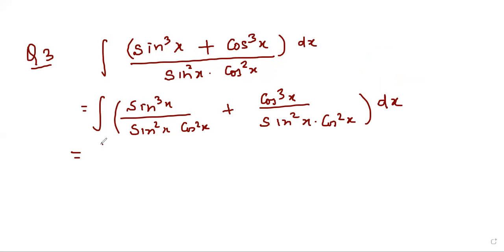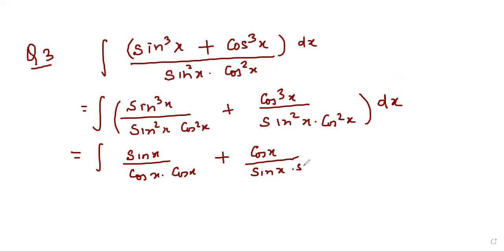Now we will be left with sin x upon cos x times cos x plus cos x divided by sin x times sin x dx. Here I have written cos square x as cos x to make it tan x, and sin square x is written as sin x so that it may become cot x.